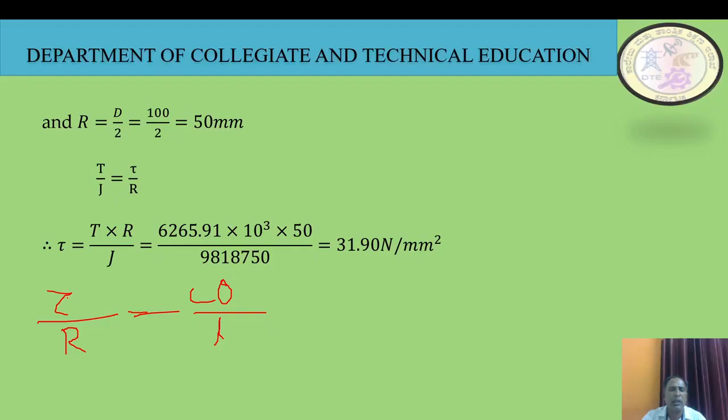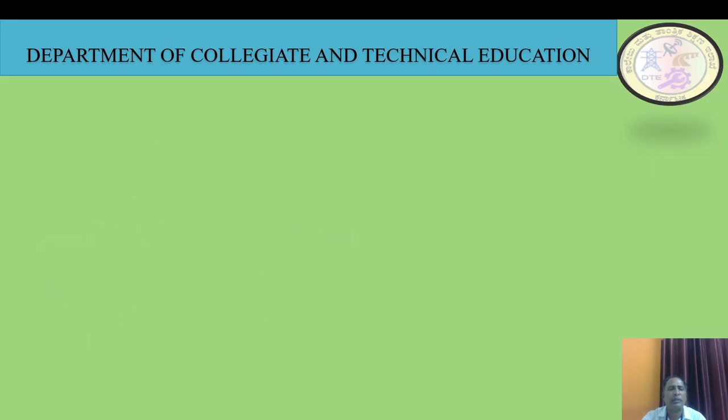The shear stress tau is calculated, R is there in the numerical, L is already there, and C is also there. Therefore from this equation we can calculate theta, that is the angle of twist in radians.